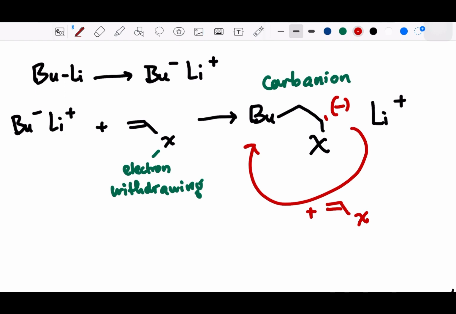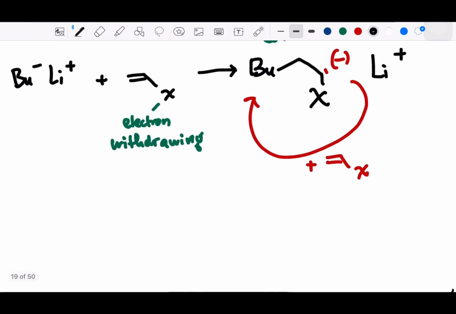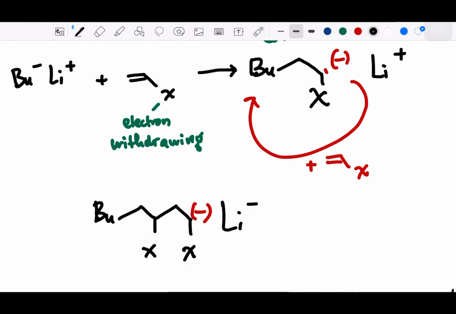And again, we can have a polymer chain through this active center. So perhaps it is going to be this way. So we have two now. This is the active center, and this is the lithium.